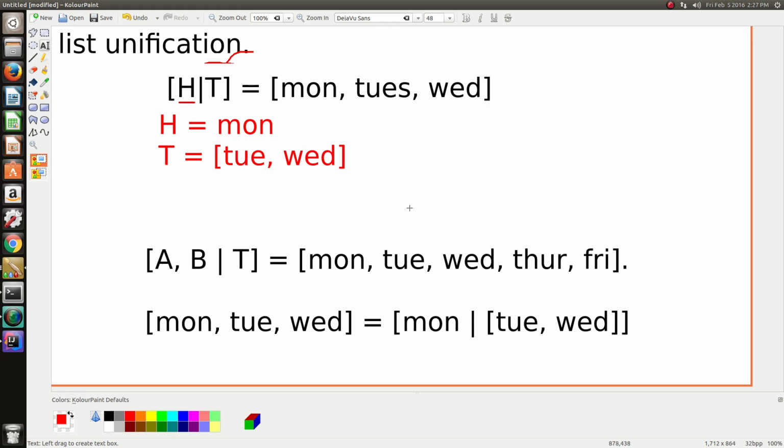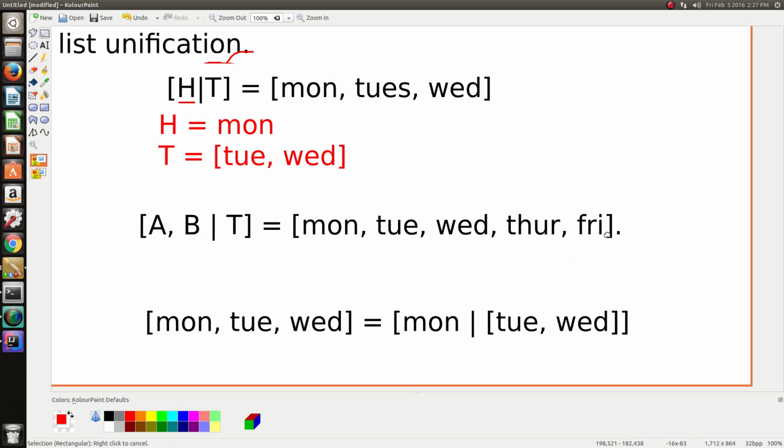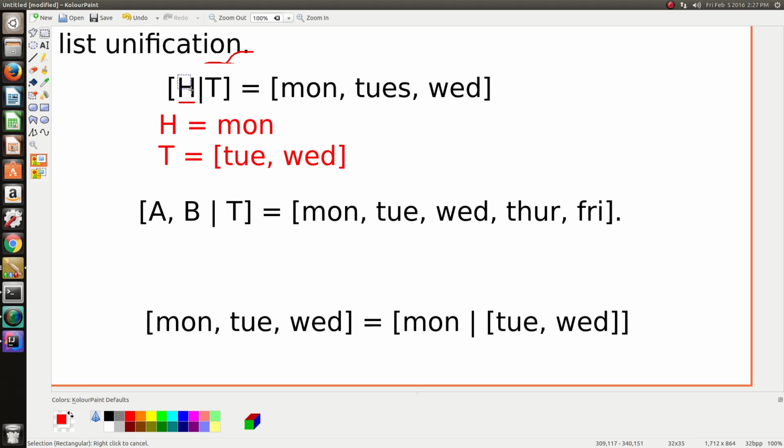this. And as I said, everything to the right of the bar gets shoved in a list, which is all the elements after the first element. And you can take this a step further, and you can have more than one variable before the bar, and all this does is extract single elements in the list.